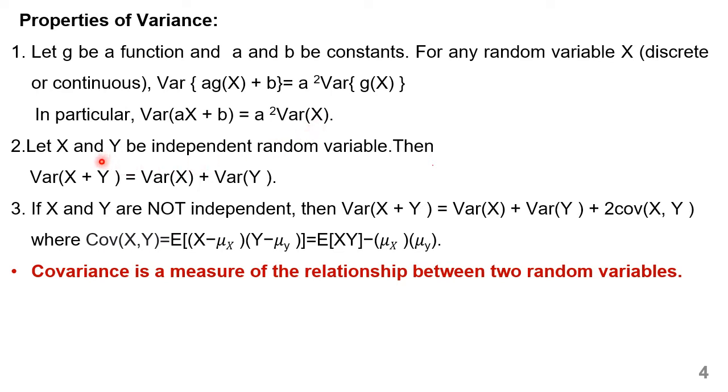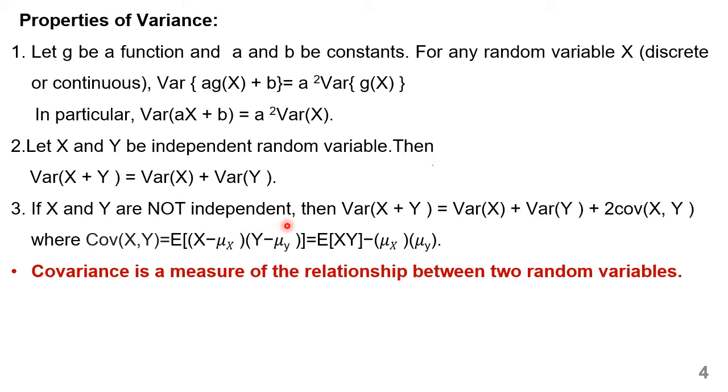Second one, if x and y are independent random variables, then variance of x plus y is always given as variance of x plus variance of y. It is not the case if there is a dependency between x and y.